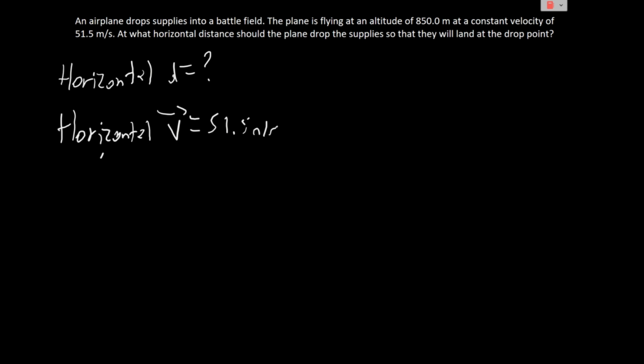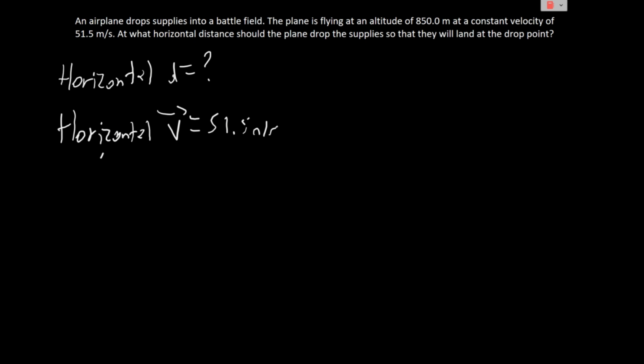Now the only other thing we need is the time, of course. Remember how the time is the same in the x and the y-axis, so we can find time using kinematics formulas and then plug that in with this velocity to find the horizontal distance.